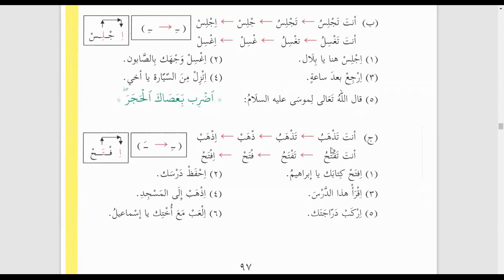Then the second most commonly used is daraba yadribu, then fataha yaftahu, and then sami'a yasma'u. So anta tadhabu, and the same pattern has been followed here. We make it sakin, and then we drop alamatul mudari, and then the second root letter has fatha. If the second root letter has fatha or kasra, we will always add kasra, so it is idhab.